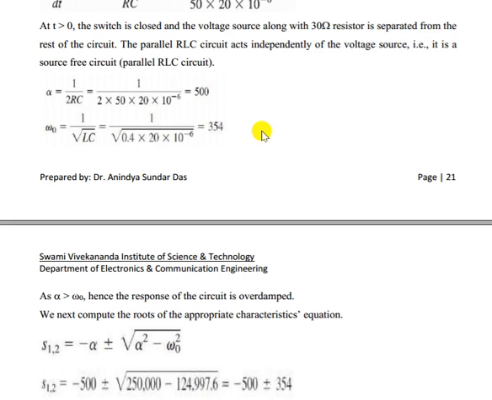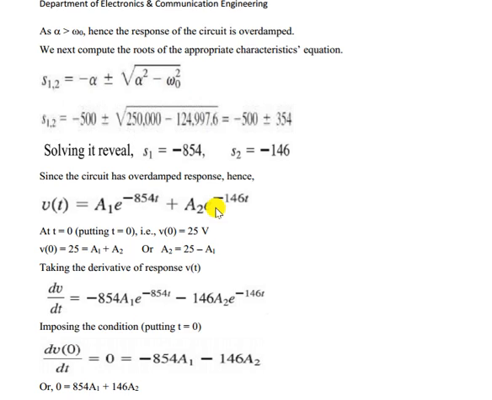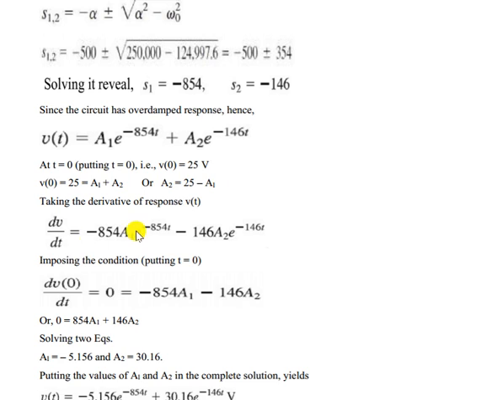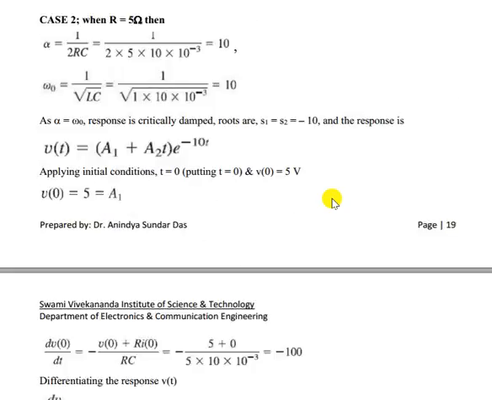If alpha is greater than omega 0, that is the over damped case; alpha equal to omega 0, critically damped; alpha less than omega 0, that is the under damped case. And all the response formulas you have to remember. Then find out dv0 dt or di0 dt. You get two expressions, you have to get two equations to solve for the two constant values. Okay, so this is how we have to solve it.